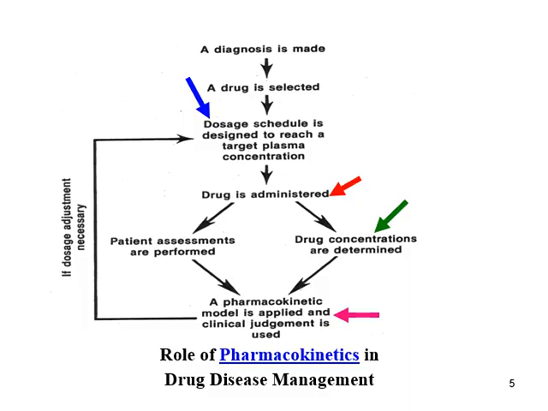If you look at this arrow, if dosage adjustment is necessary, then the dosage schedule is adjusted. Then the next several steps will be redone, okay?